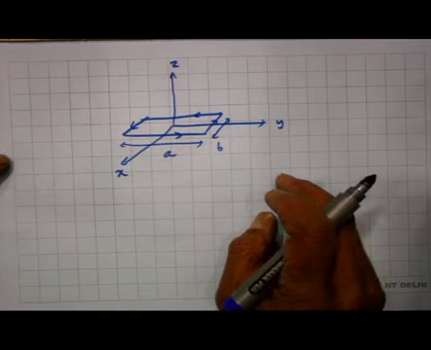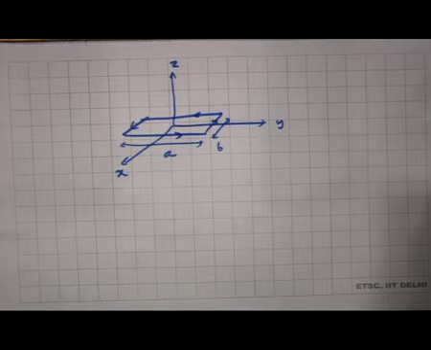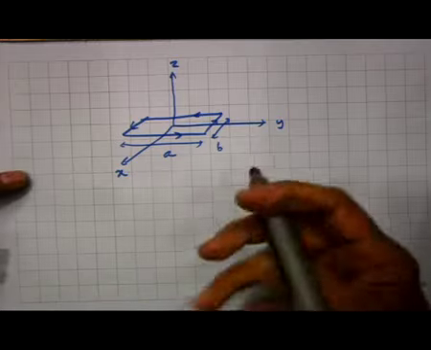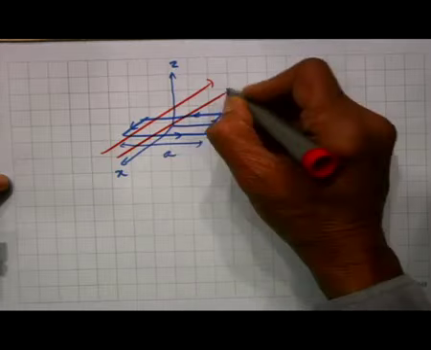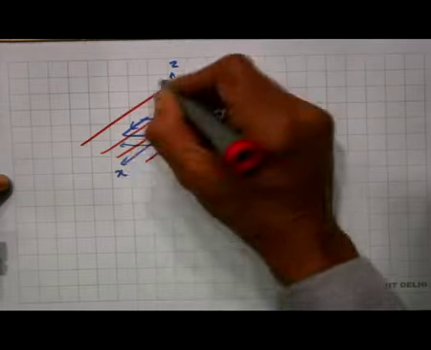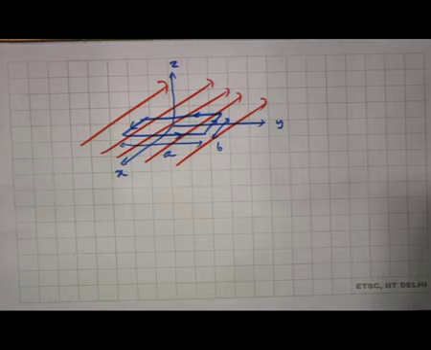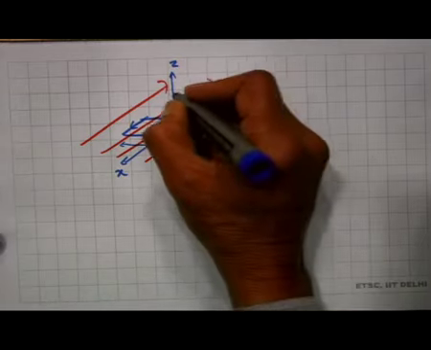Now, the magnetic field would have some arbitrary direction, but as an example let me consider the magnetic field to be in the yz plane pointing at some angle like this. Let me call this angle phi.